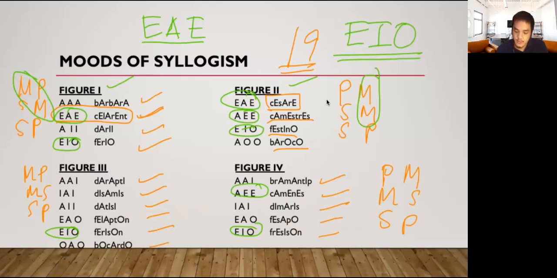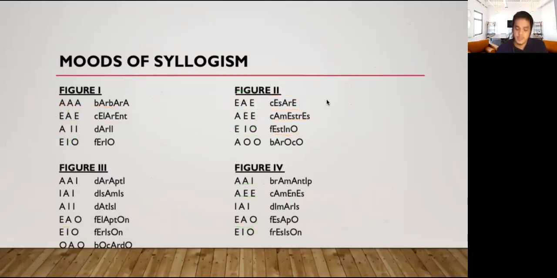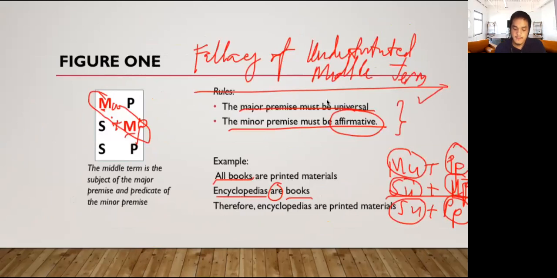Okay, let's go back to our previous examples in the other slides. Like for example, in figure one, we have Barbara, Celarent, Darii, Ferio. So let us identify what mood of syllogism it has.